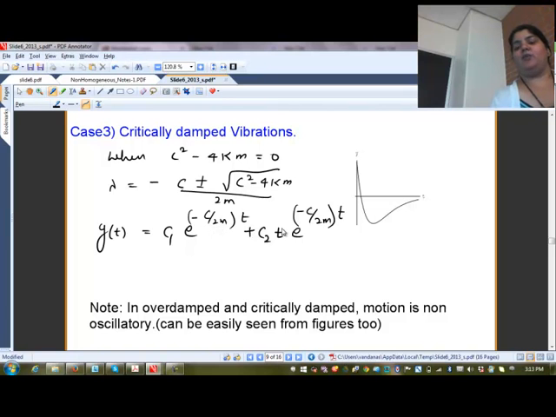Then as time increases, this might try to increase, but eventually the growth of the exponential is faster than the linear growth of the function t. So this will overpower the linear growth of time. So the decay process of the exponential will be faster even though time increases. Therefore this will again go to 0.